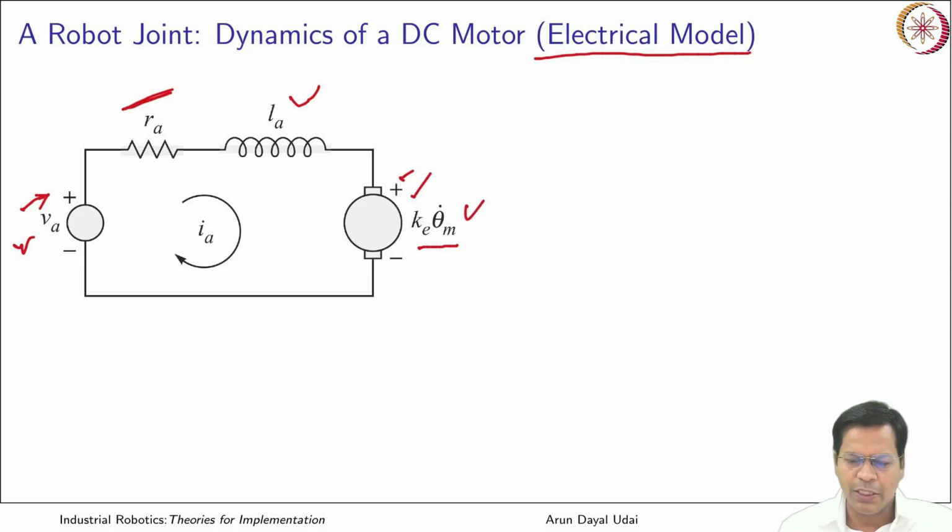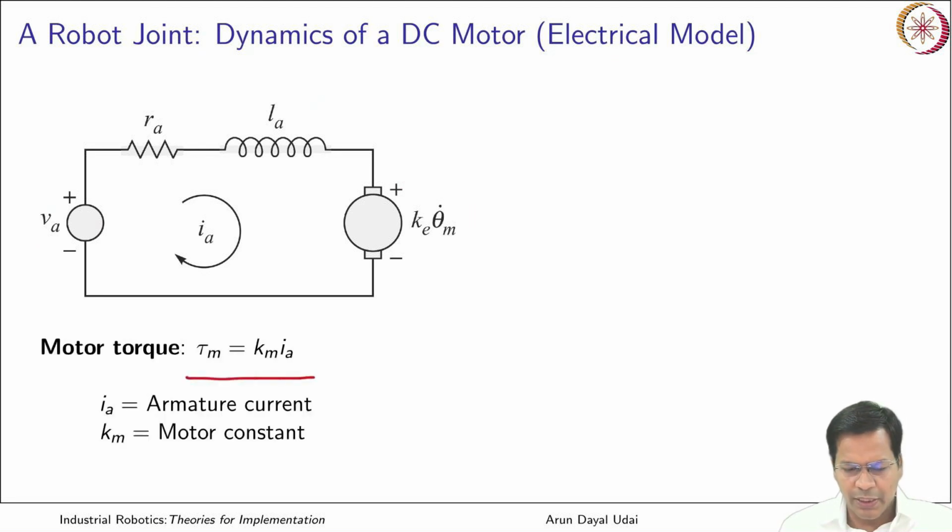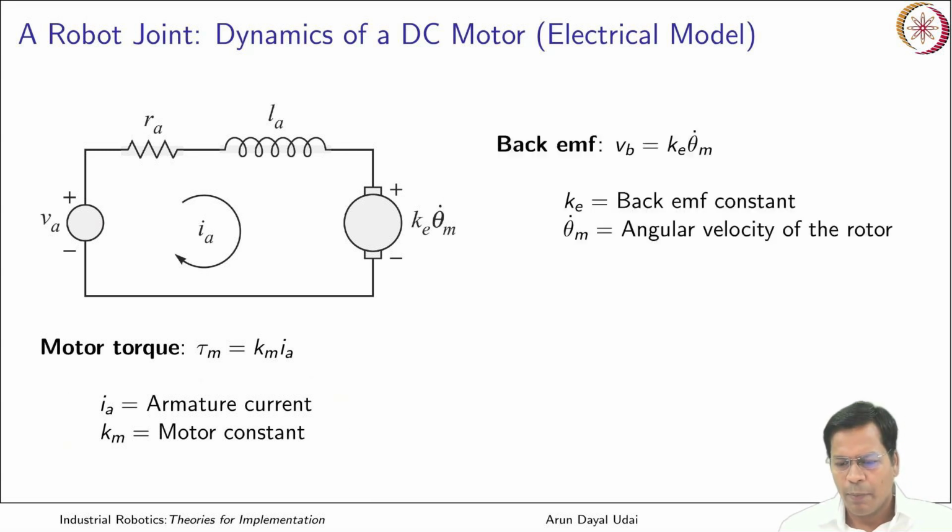So the higher is the speed, higher is the back EMF. That is what I told. These are the basic relations that you already know from your previous slide. Ia is the current flowing through the armature. Motor constant is Km. Back EMF voltage is proportional to speed, the angular velocity of the rotor, and the back EMF constant is given by Ke.